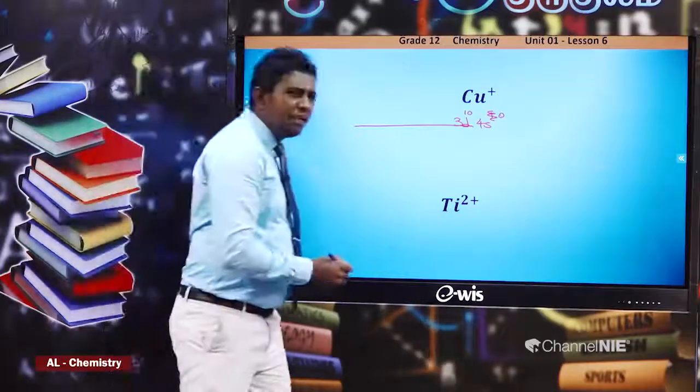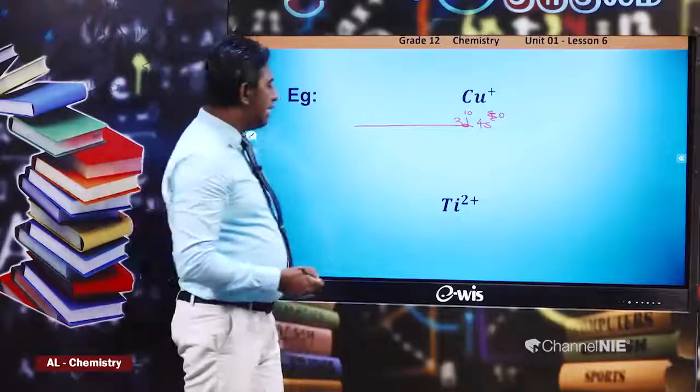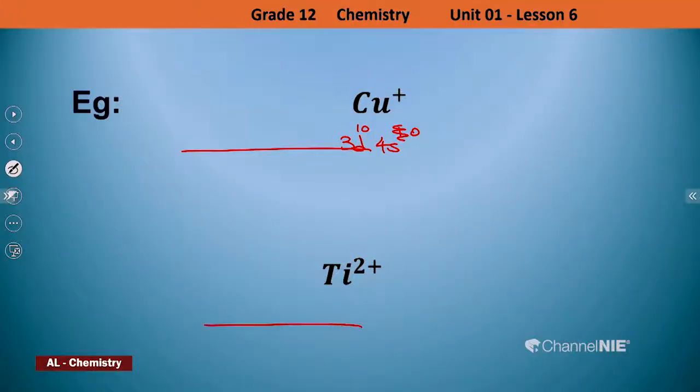Let's go to titanium as well. Titanium being the 22nd element, it is 4s2 3d2. You remove electrons from the outermost shell 4s, making it 4s0, still 3d2. That's what you need to know regarding writing the electronic configurations of ions.